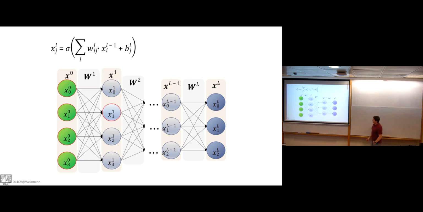So for example, what is going to be the size of this matrix W super 1? Any idea? 4 by 4, yes, exactly. It's going to be a 4 by 4 matrix because it connects 4 input neurons to 4 output neurons for that layer.